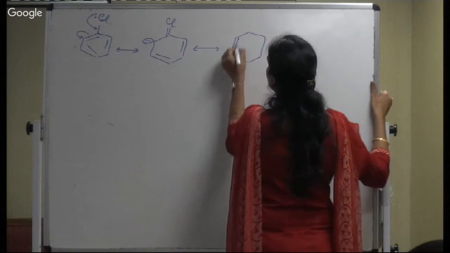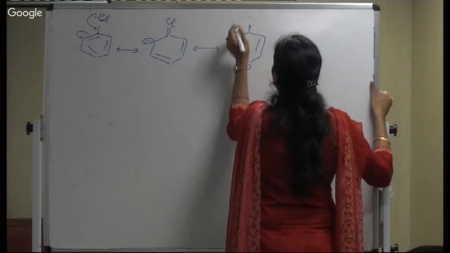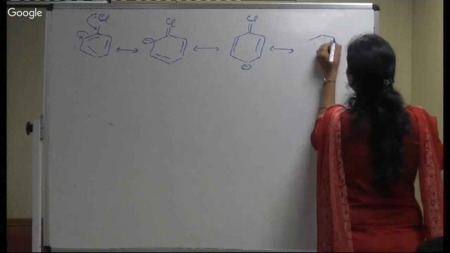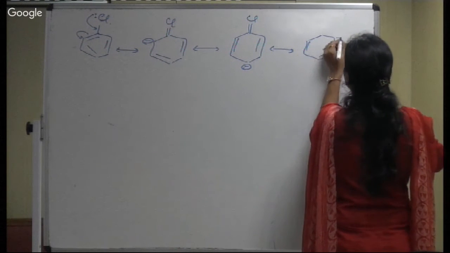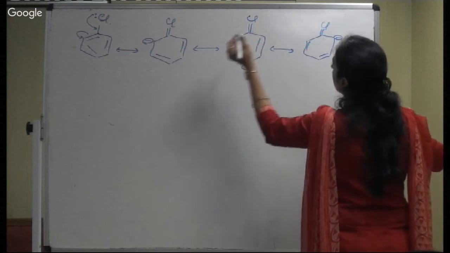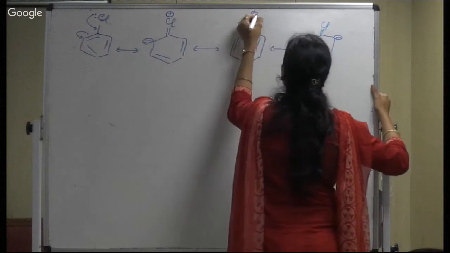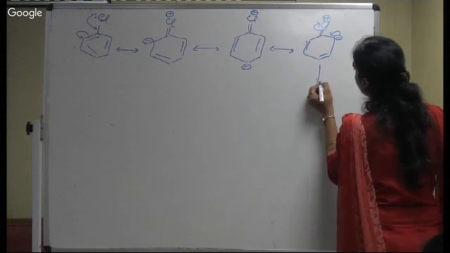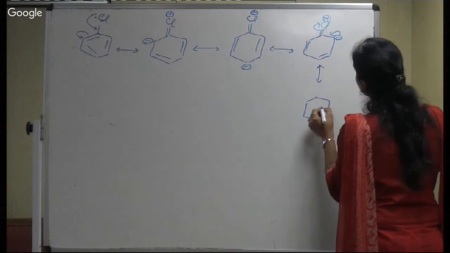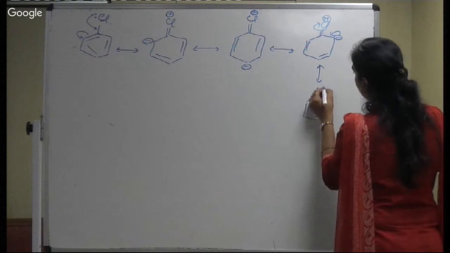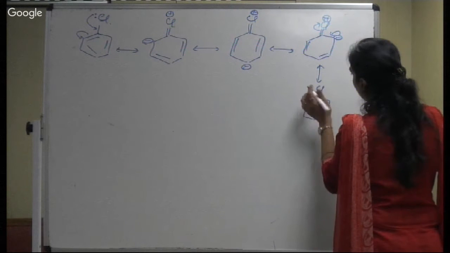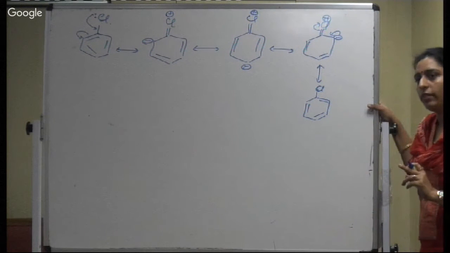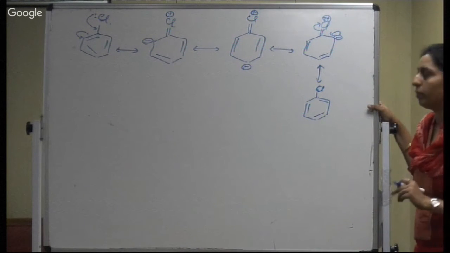Look at the resonating structures carefully. I think we can all make out that the negative charge is appearing at the ortho and para positions.